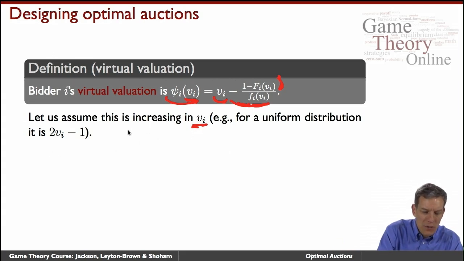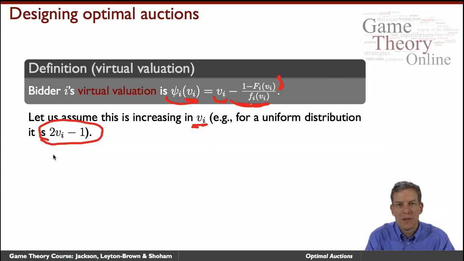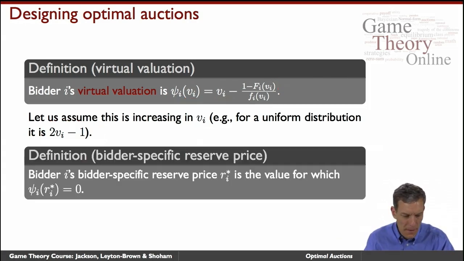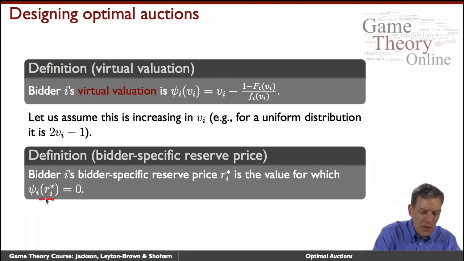If you check out this virtual valuation, in the case of a uniform distribution, it turns out to be 2VI minus 1, so indeed increasing in VI. The way in which we'll set reserve prices is to pick the reserve price to be the level of VI at which the virtual valuation would be exactly equal to 0, okay?